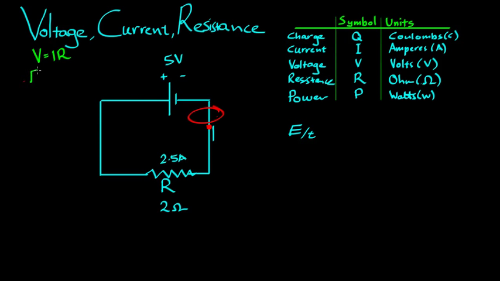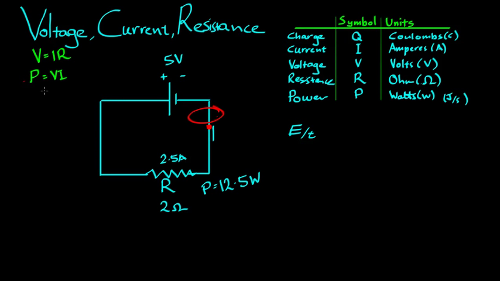The amount of power that is being, we say, dissipated in that resistor is equal to VI. So in this case, power is equal to voltage, 5 volts will be dropped over this resistor here, multiplied by the current. So 5 times 2.5, 12.5 watts. And watts is another way of saying joules per second.